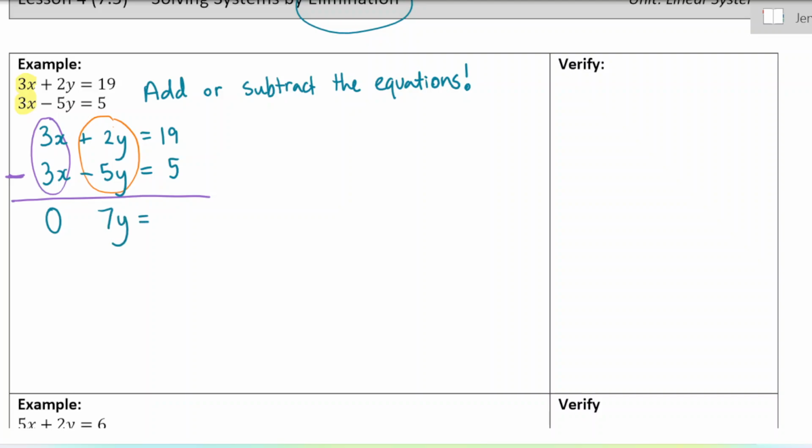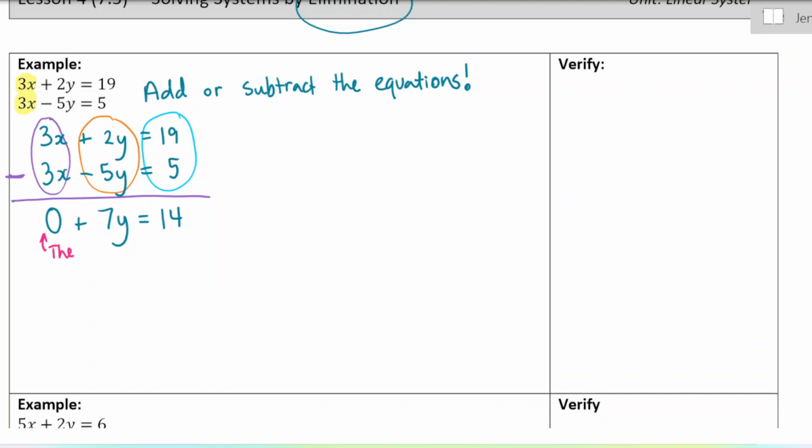And finally, I'm going to subtract these two. And you put the equal sign just where it is. 19 minus 5 is going to give me 14. Okay. Now, the great thing here is we see that the x terms have been totally eliminated. That's why we call this elimination. So I'm going to just write this here because it's the first time we're doing it.